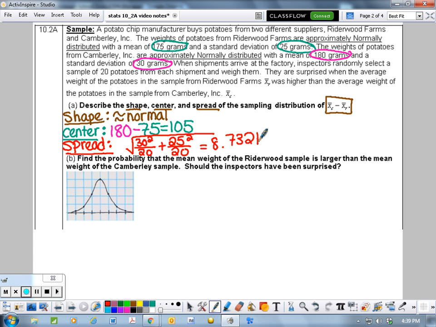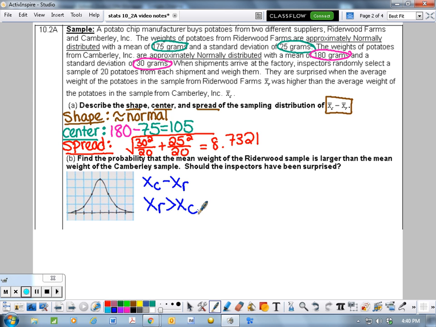Okay, so now we're going to go ahead and look at the actual problem. Find the probability that the mean weight of Riderwood sample is larger than the mean weight of Camberley sample. So when I take the mean of Camberley and I subtract the mean of Riderwood, we're thinking, the mean weight of Riderwood, so XR, is going to be greater than Camberley.